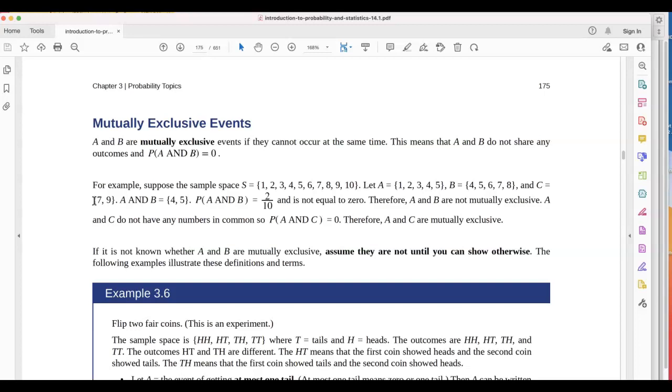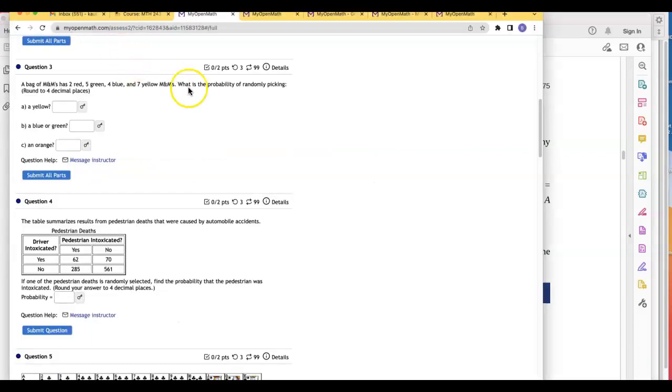All right, let's take a look at some of your homework from this section. Okay, so question 3 here, it says a bag of M&Ms has 2 red, 5 green, 4 blue, and 7 yellow. So that means you have 18 M&Ms. So 18 would be your denominator for your probability because that's your whole sample space. So the probability of yellow would be 7 out of 18.